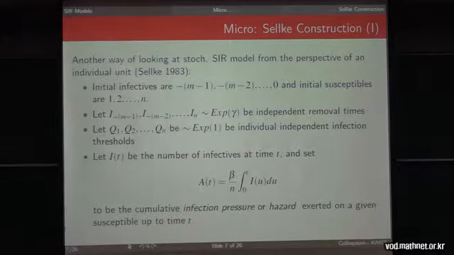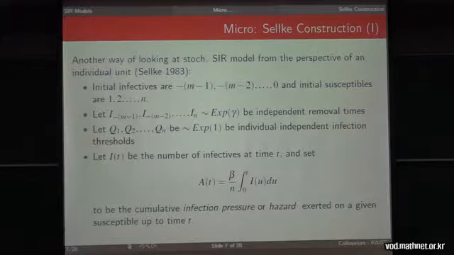So Sellke's idea was to have a different way of simulating our process, and to do it as follows. Let's say that we have, as I did before, m individuals who are susceptible, and I also have m individuals which, for whatever reason, here I am denoting with negative numbers, negative m-1 up to 0.